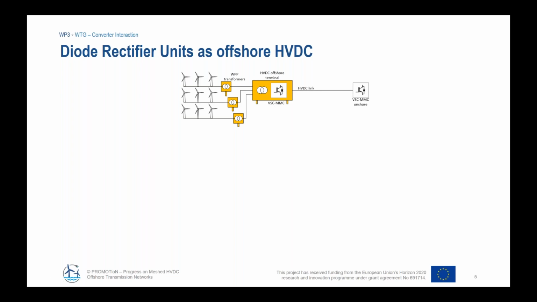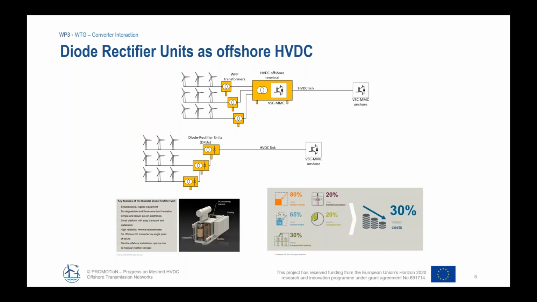By employing a diode rectifier unit, what we are basically doing is replacing this main VSC unit with a diode rectifier unit, which can be smaller and more distributed than this one. We started looking at that because the expectation was that it could provide significantly lower cost for the offshore transmission of wind power.